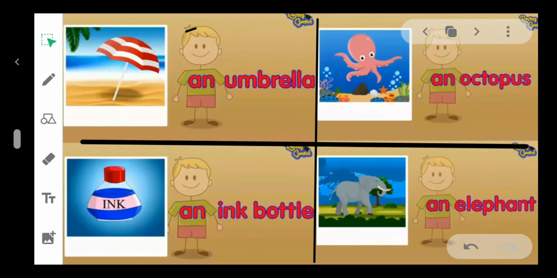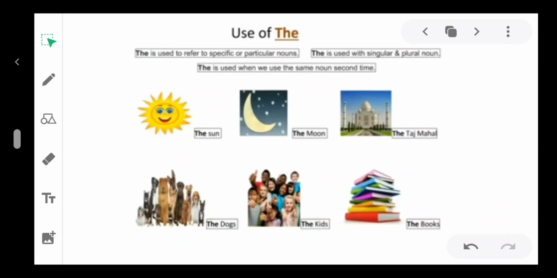Let us see the use of the. The is used to refer to specific or particular nouns. The is used with singular and plural nouns. The is used when we use the same noun a second time.